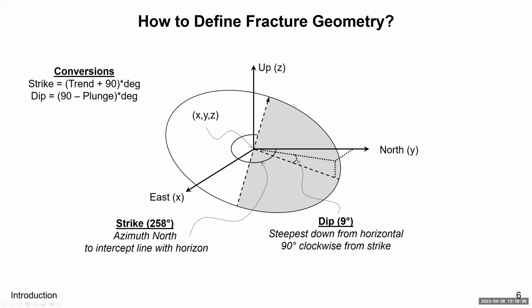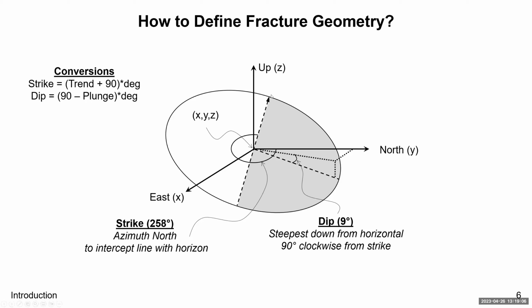To explain a little bit further, fractures are often modeled as planes in 3D space, and the orientation of that plane is defined by the strike and dip. Here you can see the gray colored side of the circle is what would be below the horizon, and the bright colored side of the circle, the white part, would be above the horizon. The horizon being the XY horizontal plane.